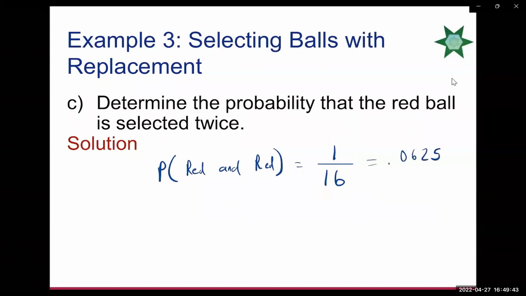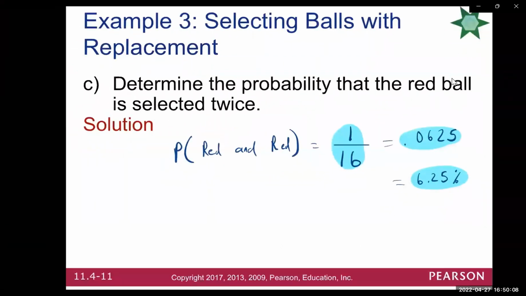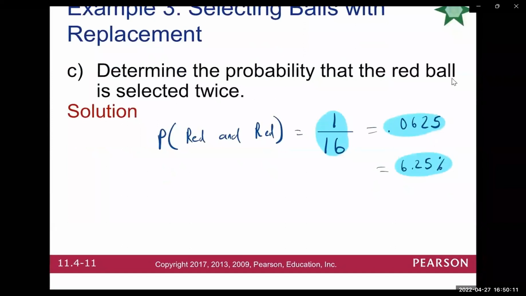And if you wanted to convert that to a percentage, remember to go from decimal to percent, you move the decimal 2 spaces to the right because you're multiplying by 100. So that would be 6.25%. So there are really 3 representations for probability. It can be written as a fraction, as a decimal, or as a percent. In this case, it doesn't really tell you what they want, so you can just leave it as a fraction.